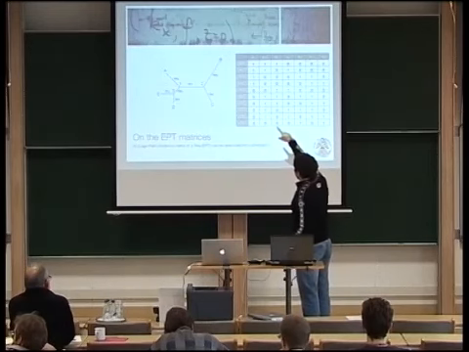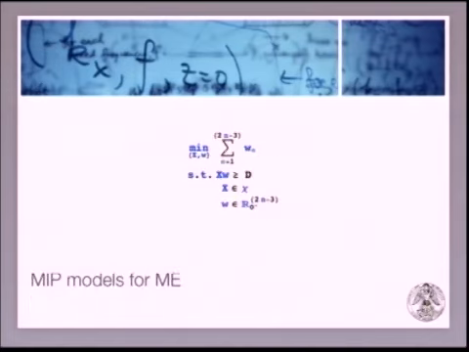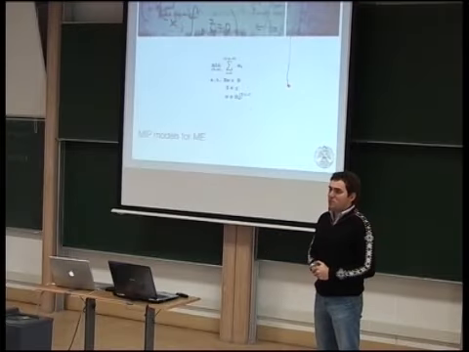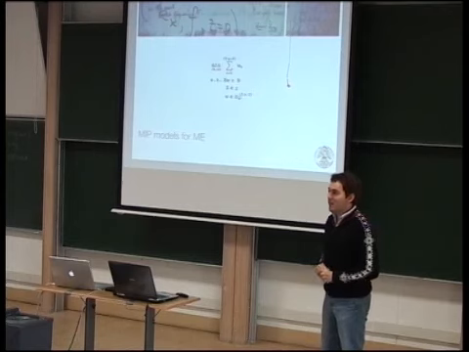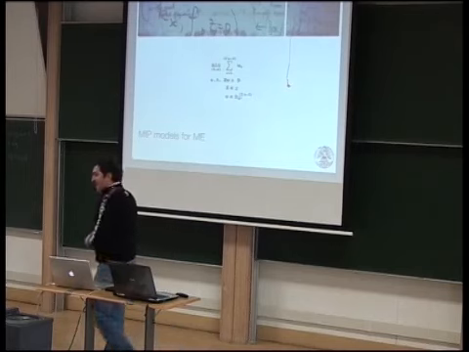This matrix has dimension n times n minus 1 divided by 2, where n is the number of species, and the number of columns is 2n minus 3. So it is relatively big if n starts to be great. But imagine that I want to solve this problem. What I have to do is try to assign at random the entries of this matrix. Then I call an oracle and ask, oracle, is this matrix representing an APT matrix?